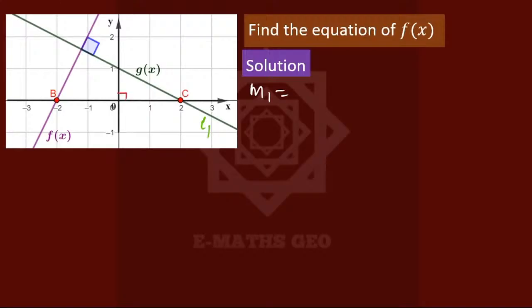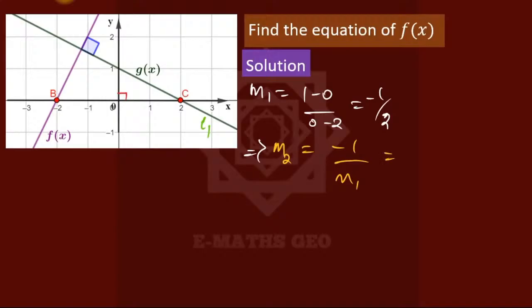So the change here is 1 minus 0 over 0 minus 2. That's minus half, which implies that m2, the slope of the line we are looking for, is minus 1 over the slope of the first one. Yes, that's perpendicular lines. The product of their slopes is always minus 1.